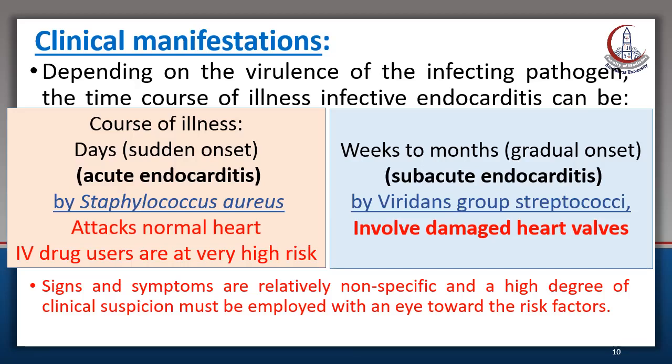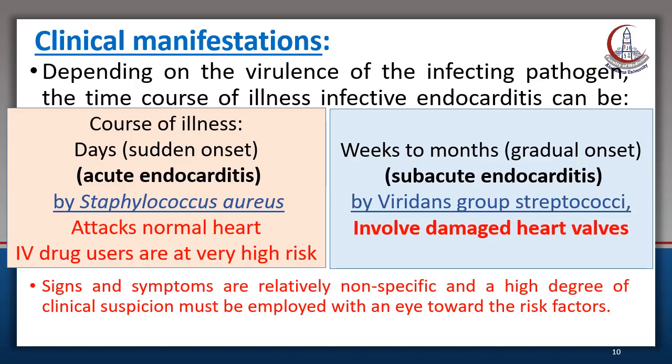So the course of acute endocarditis is days, with sudden onset, most probably caused by Staphylococcus aureus, and it usually occurs in a normal heart. Patients at risk are intravenous drug users with excessive and multiple injections.